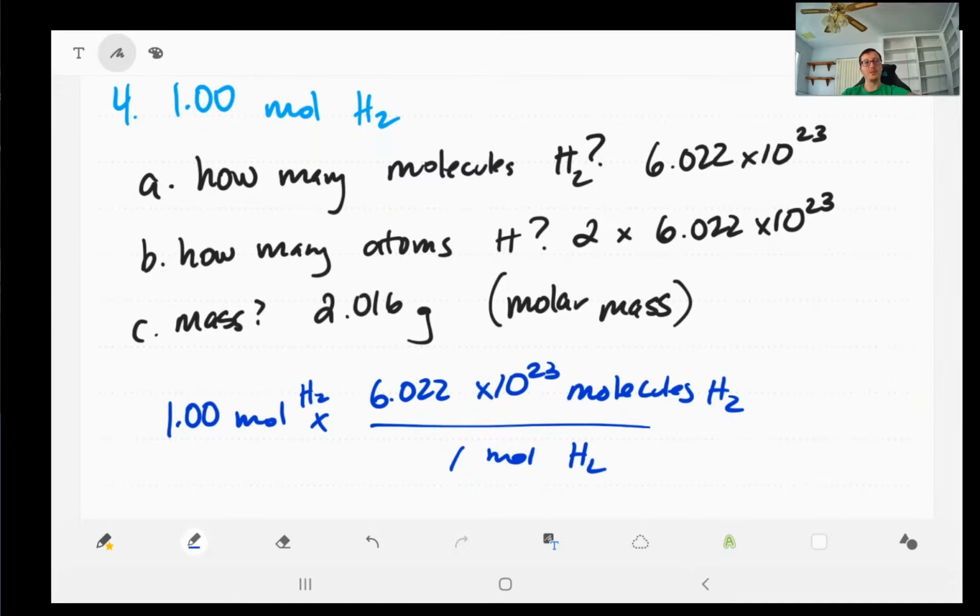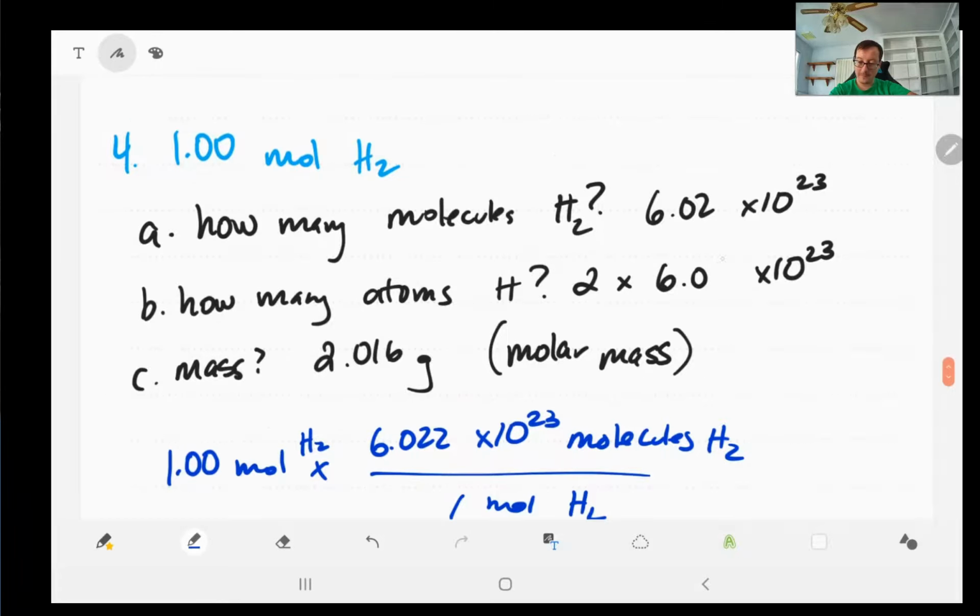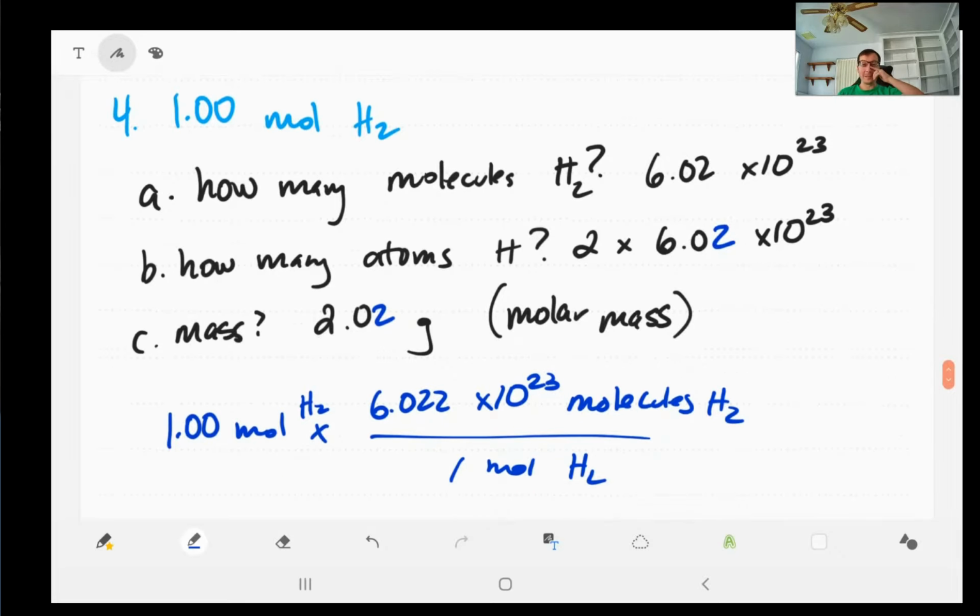We don't really need to do the 1.2 or 1.00. So I guess with sig figs, oh, shame on me. Oh no, this one also. There we go. We'll fix our sig figs, won't we? Because we're given 1.00 moles, we'll be good and apply our sig figs. We are given some sig figs in our original number.